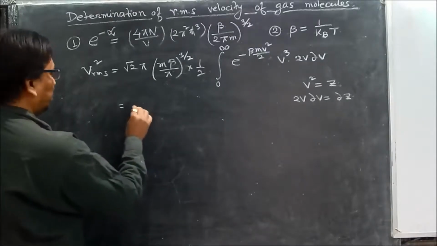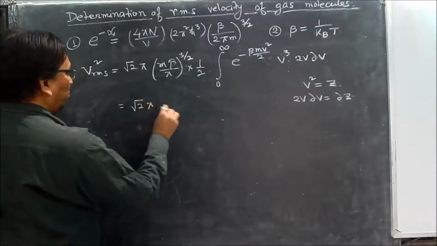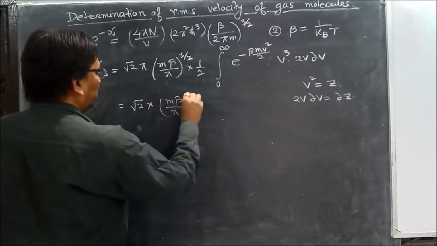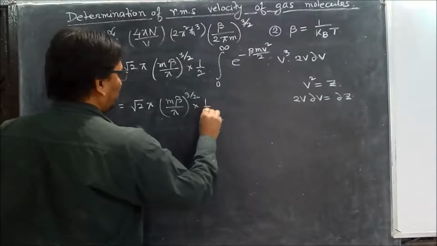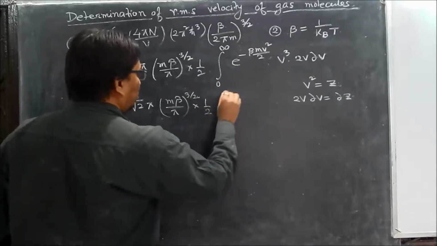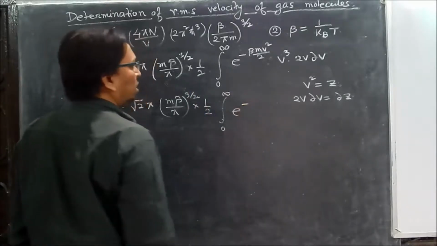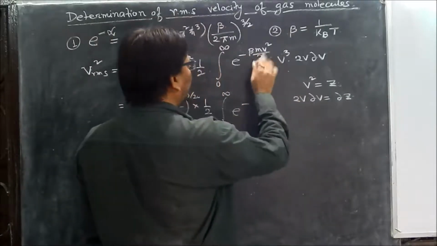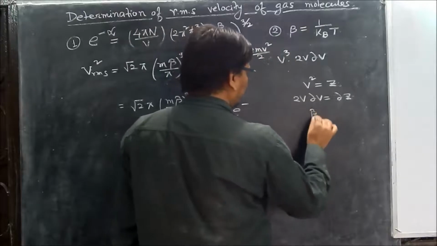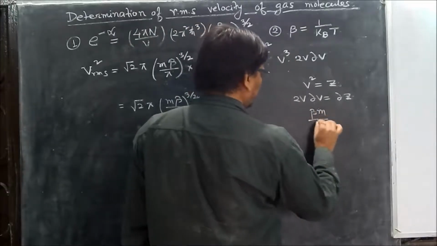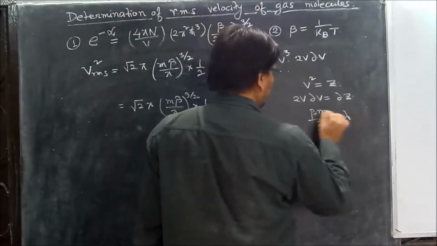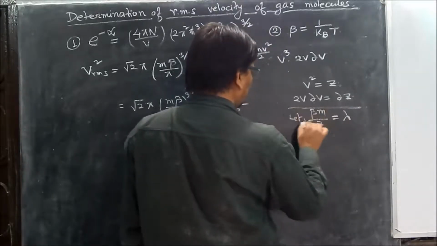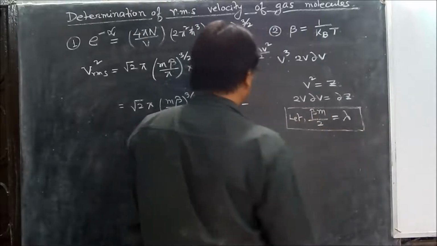So this will be root under 2 pi, and this will be (m beta by pi) whole to the power 3 by 2 into half, and integration 0 to infinity e to the power minus, and you can do another thing. Let us take this beta m by 2 as lambda. So let beta m by 2 is equal to lambda.